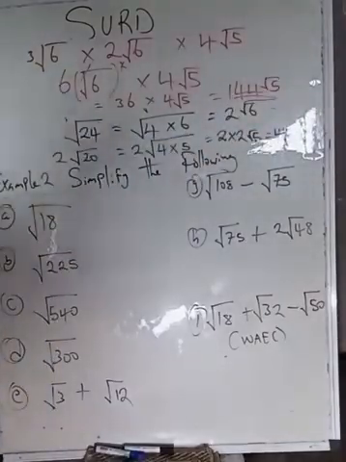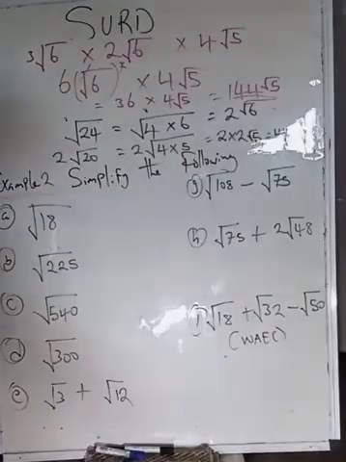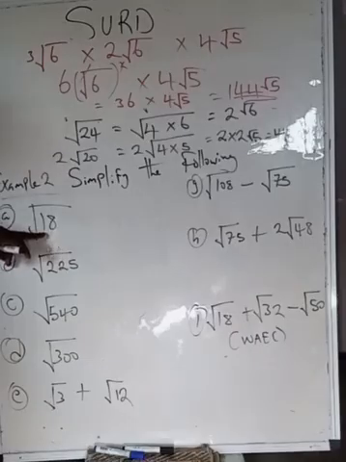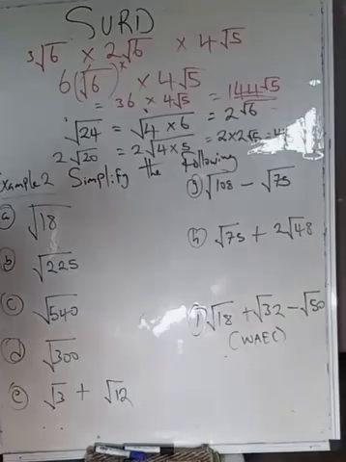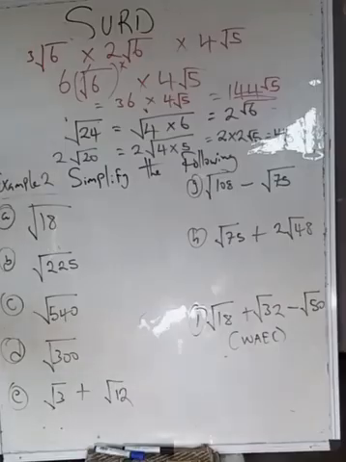All right. For this other one, example 2, the question says we should simplify the following. So how do we simplify the following? All we have to do is to express this SOD to simpler SOD if possible. Okay, so square root of 18 is not a perfect square, isn't it?